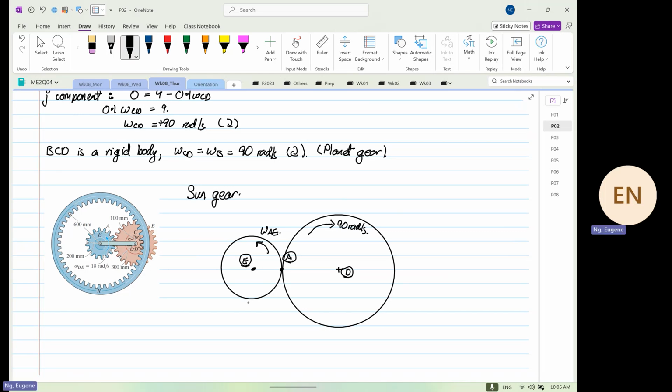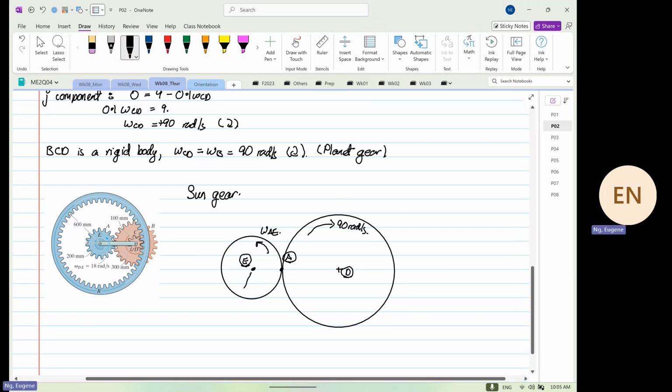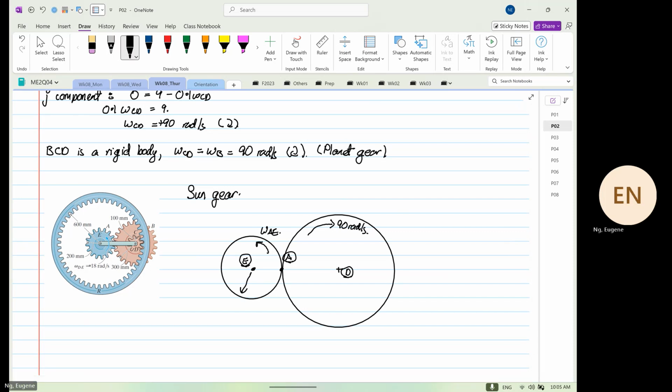So the distance over here, this is equal to 0.2.